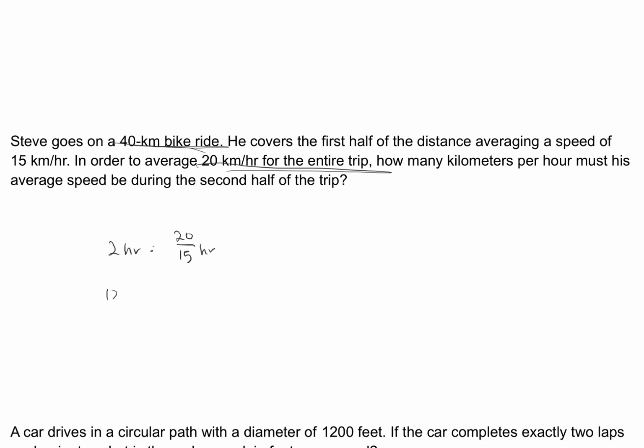So we have 120 minutes equals 80 minutes plus, and then for the second half of the trip, we want it to be 40 minutes. But we also have 20 kilometers. So 20 kilometers in 40 minutes is 30 kilometers per hour, I think. So that's true, right?